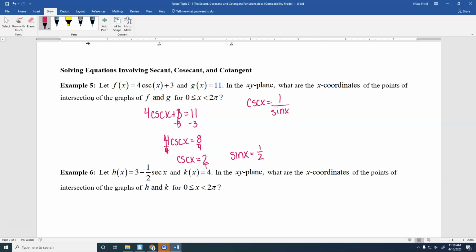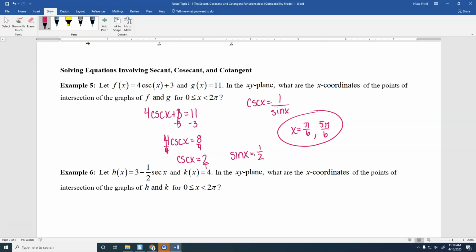So you can just flip it to a sine or a cosine or a tangent function, and then you can think about it on the unit circle. So whatever you have here, a lot of times it's a whole number. You just put it over 1 and you flip that. We're just going to give the values where sine of x equals 1/2. And on the unit circle, sine is your y-coordinate equals 1/2 at pi over 6 and 5 pi over 6 for your answers.